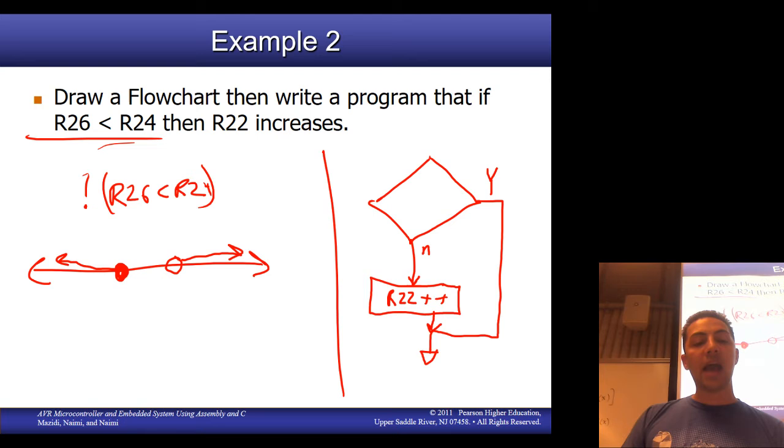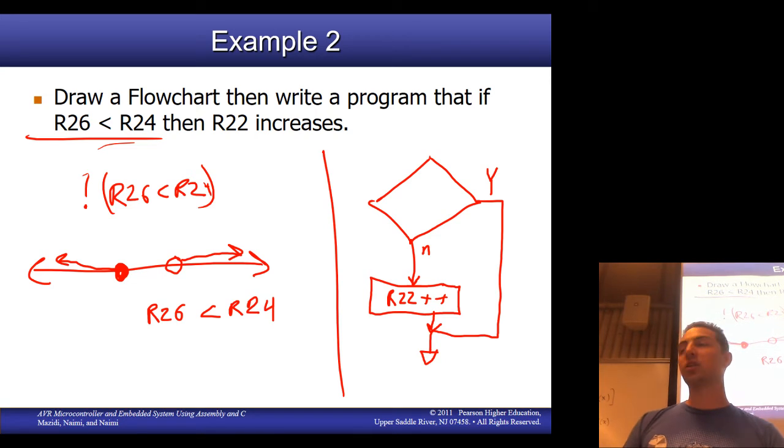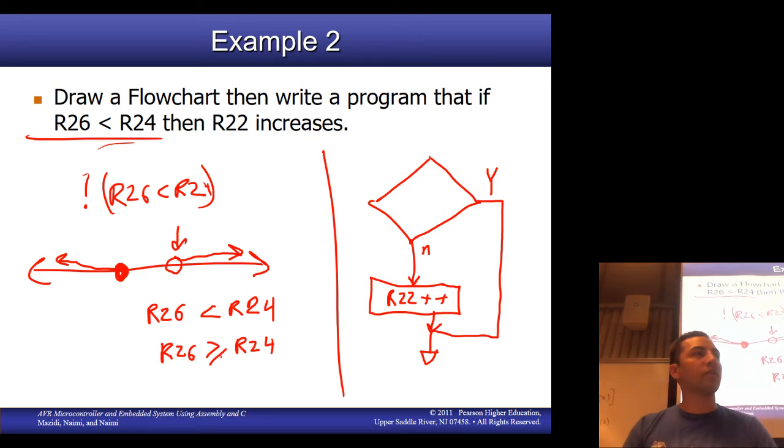So if I have R26 less than R24, the opposite of that, this is just open circle. So if I were to just switch it around, greater than, R26, R24, that still doesn't include the spot. So the correct opposite of less than is greater than or equal to.